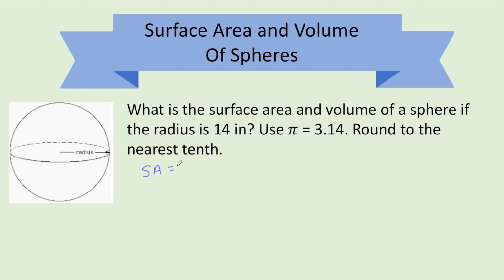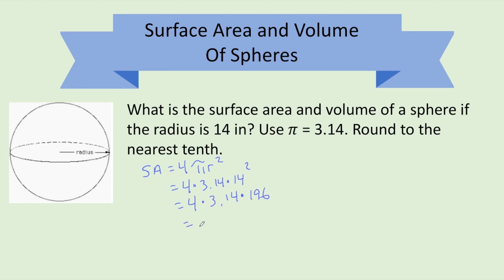Formula right off the formula sheet, 4 pi r squared, 4 times 3.14 times the radius, in this case 14, squared. 4 times 3.14, 14 squared is 196.